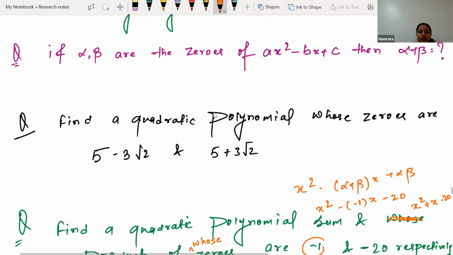Let's do this one. Find a quadratic polynomial whose zeros are this and this. Zeros are given. We just have to find the quadratic polynomial.